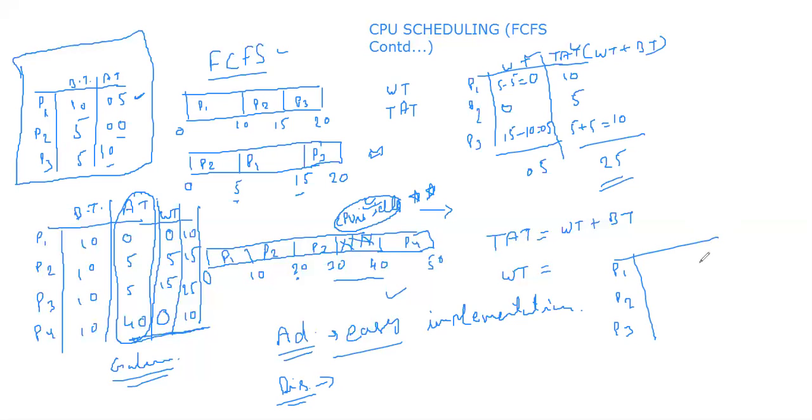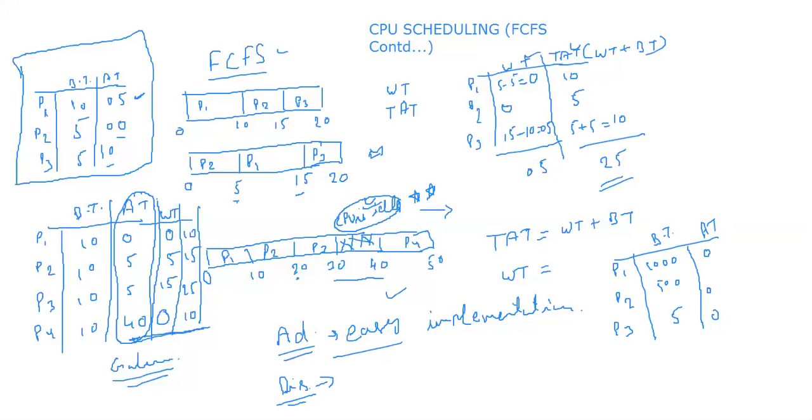All arrived at the same time, 0, 0, 0. That is the arrival time. But the burst times for execution are 150, 5.